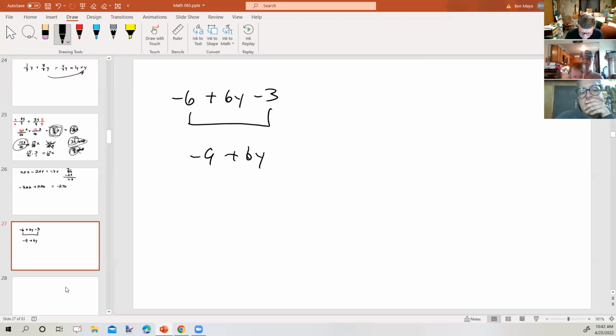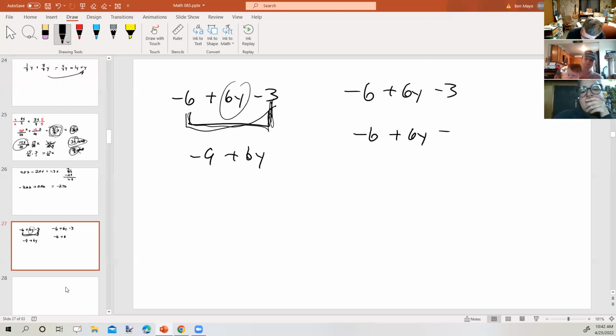So how is it that I can jump past this and get to that minus 3? Well, consider this. You can legally change subtraction into addition of the opposite. So minus 3 could become plus negative 3.